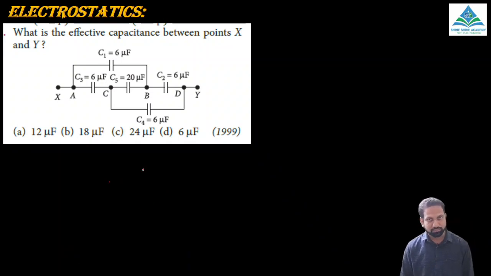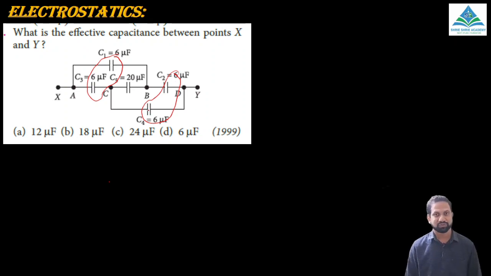And next problem: what is the effective capacitance between the points X and Y here? See these capacitors are equal, and these capacitors are equal. This is a balanced Wheatstone bridge with capacitors. The ratio of 6 and 6 is 1, and the ratio of 6 and 6 is again 1.